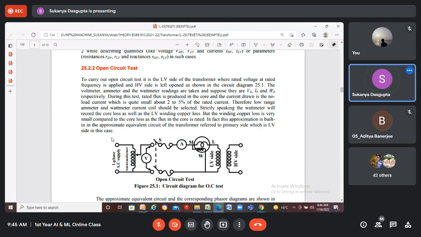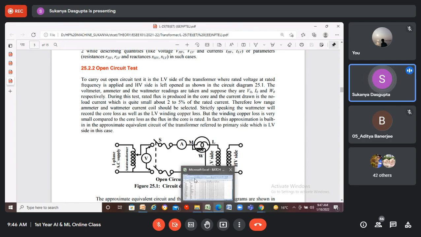Now, if we connect the low voltage side with the input side, what will happen? Very low current will be drawn, right? Very small current will be flowing through the windings. It's a practical transformer, so definitely leakage fluxes are there, right?